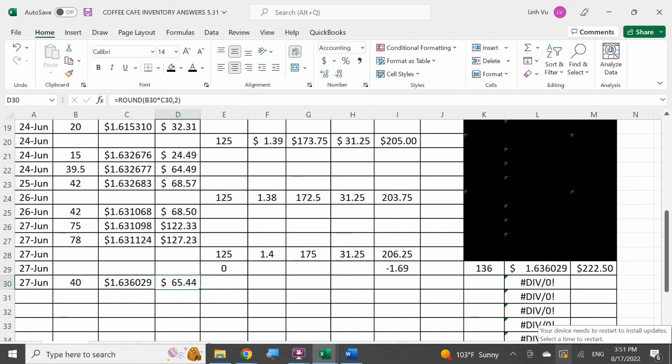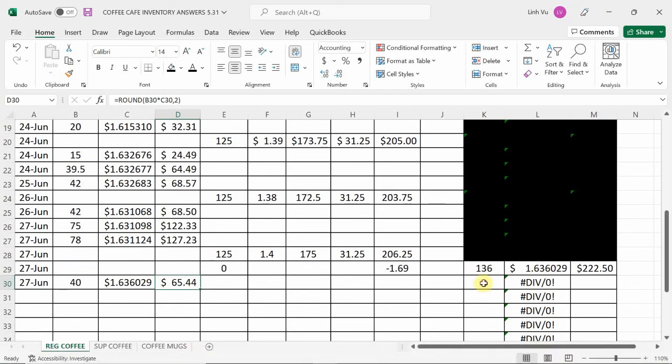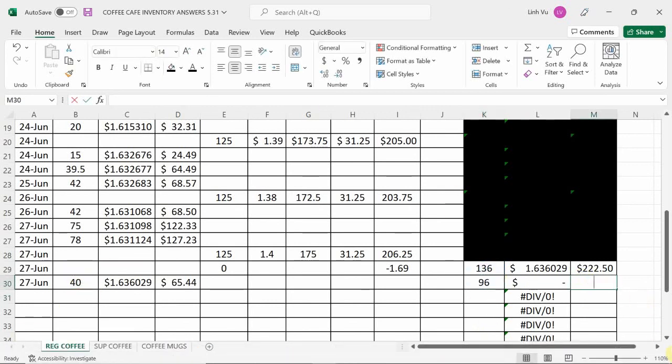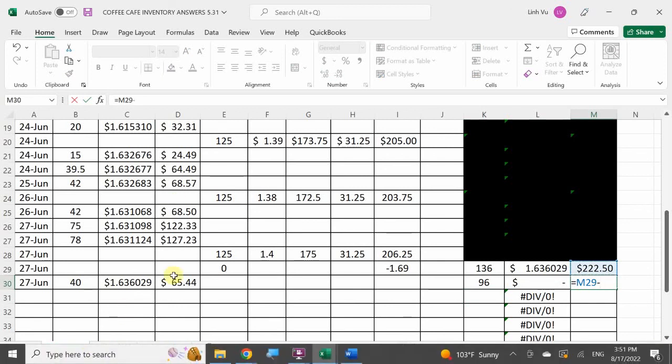Did you get 65.44? Yes. And so we would have 96 pounds left, for a total of 157.06.